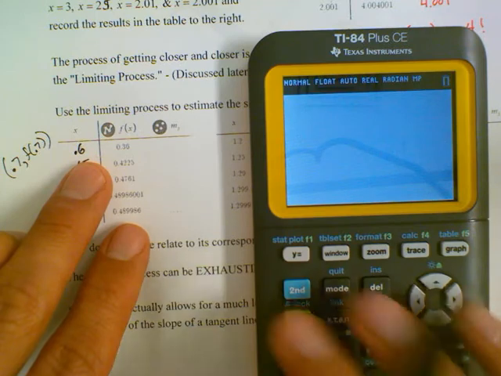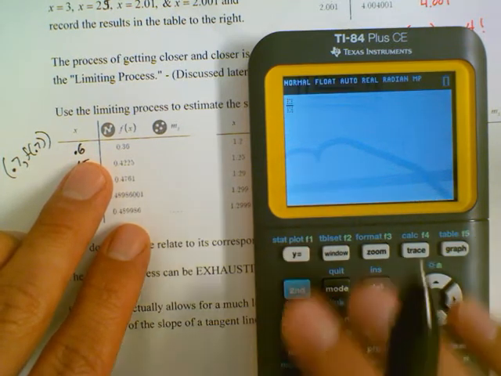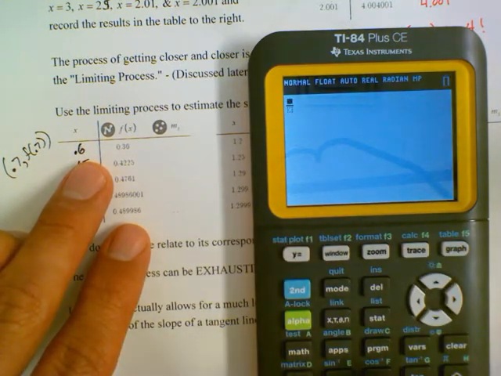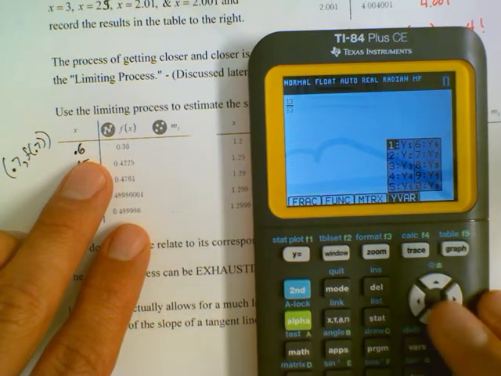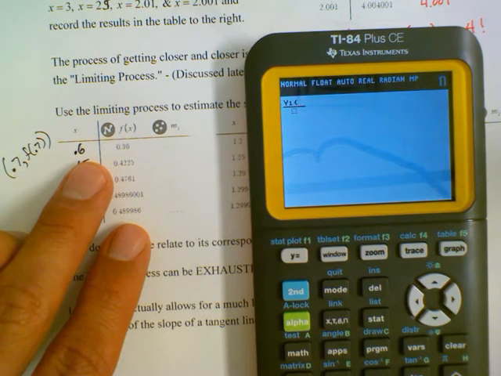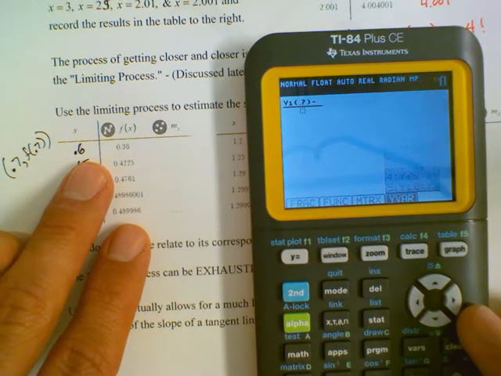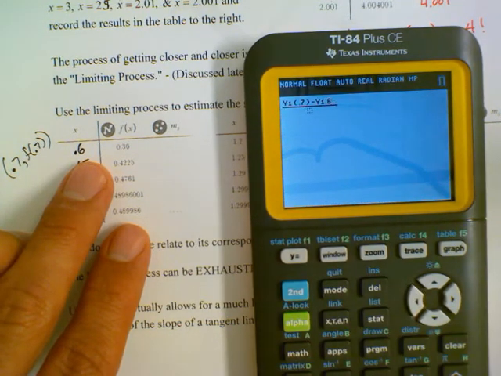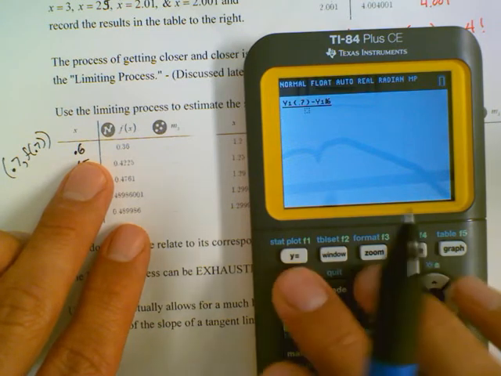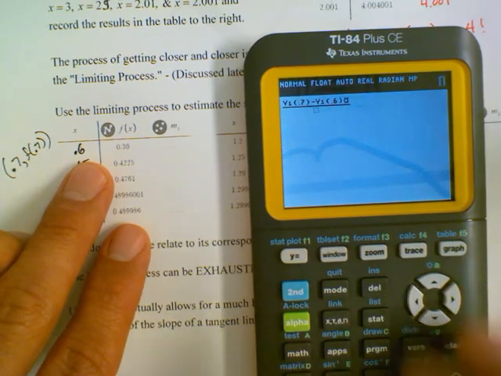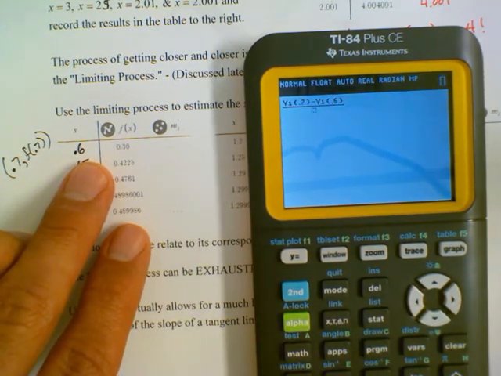So let me see. Delta y equals, and what we're going to do is say y1 at 0.7 minus y1 at 0.6, sorry, insert that parentheses, all over 0.7 minus 0.6. All right?